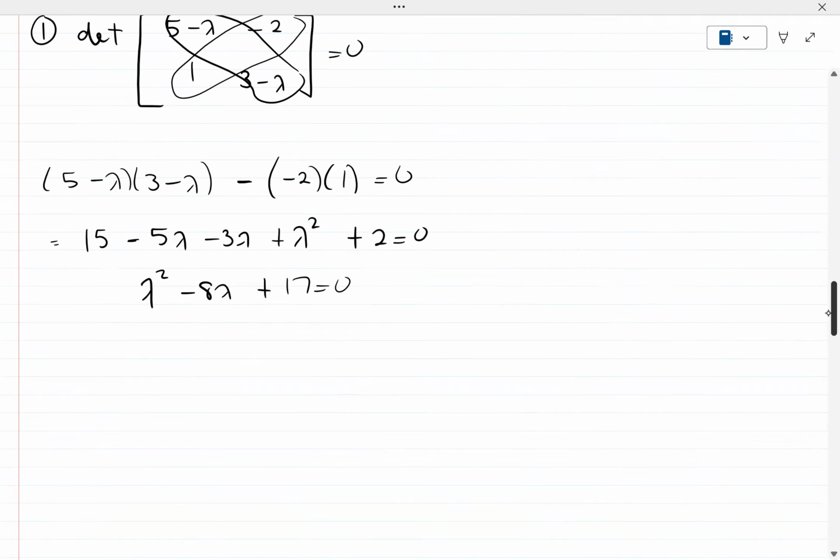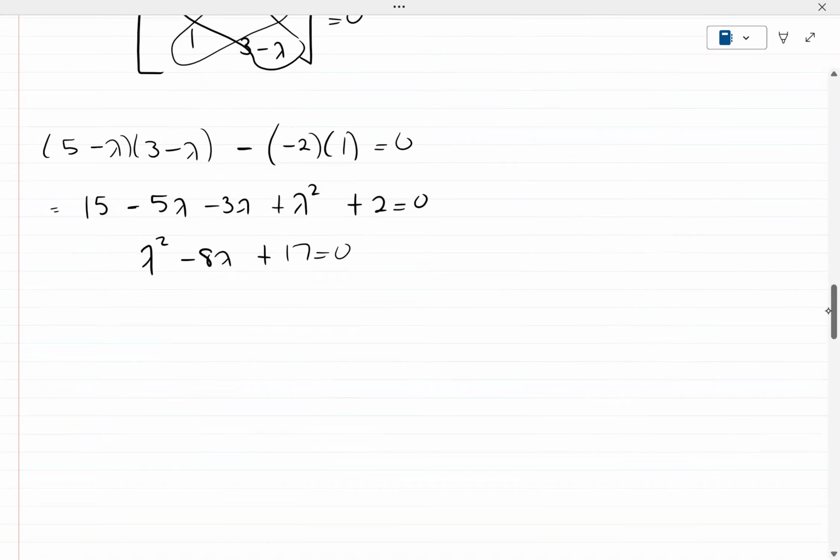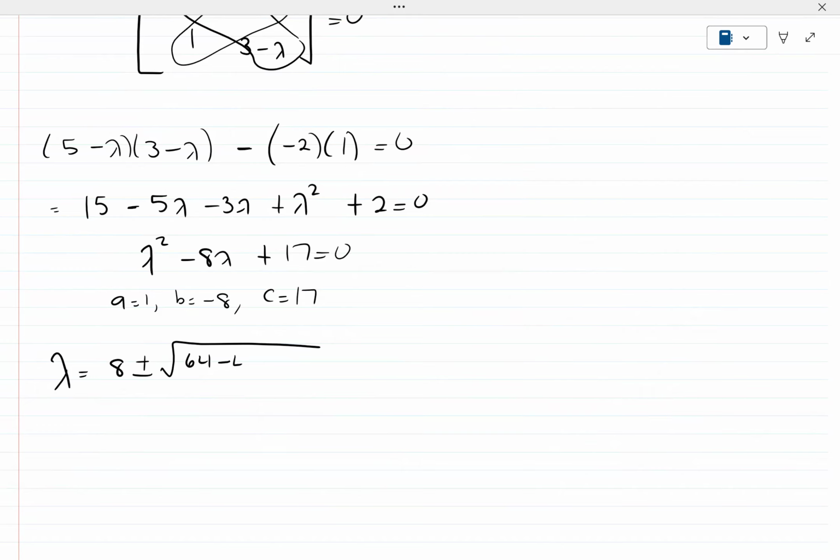So what do you have to do? Yes, you have to use the quadratic formula. My A is 1, B is negative 8, and C is 17. So lambda is the opposite of B, which is 8, plus or minus the root of B squared, which is 64, minus 4 times A times C, all over 2A.